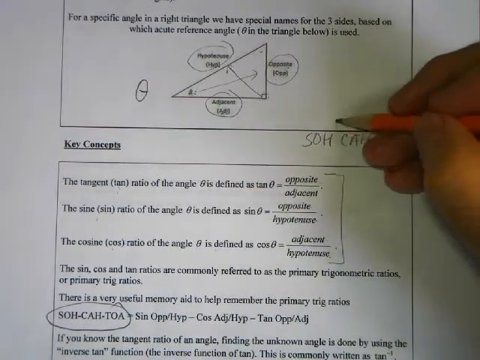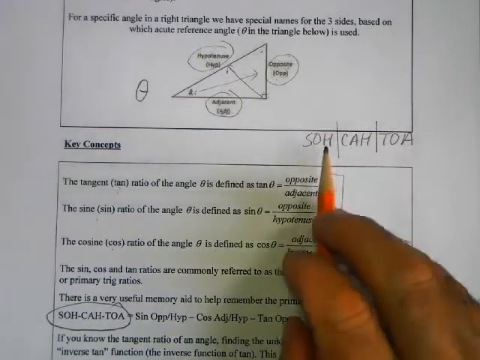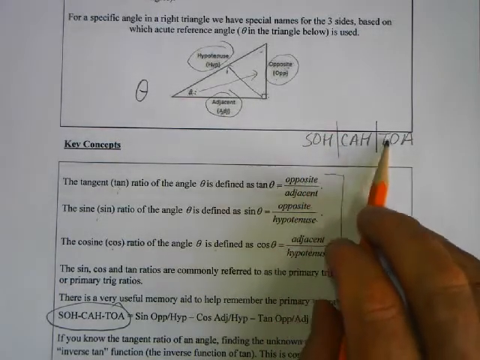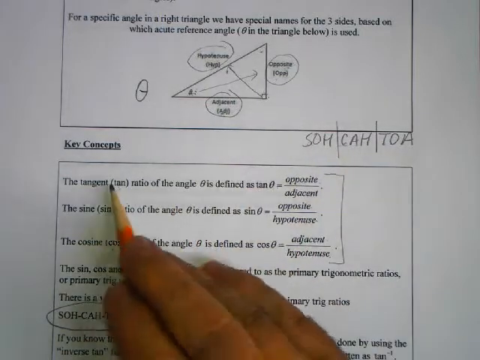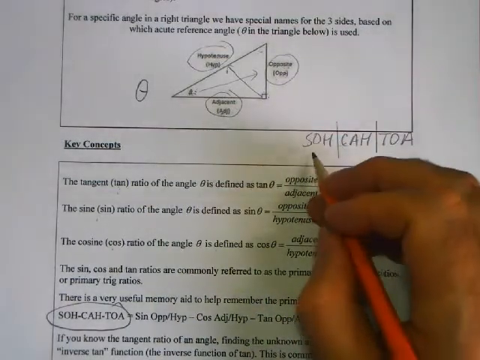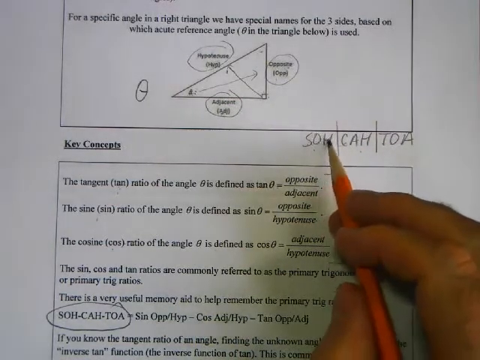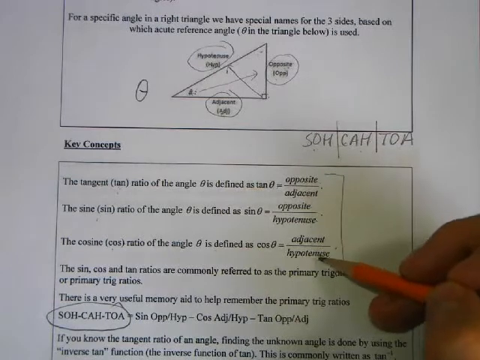If I break that up into three-letter groups, the first letter in each group, S, C, T, are the names of these ratios: sine, cosine, and tan. The second and third letters of each define the sides we're going to use.